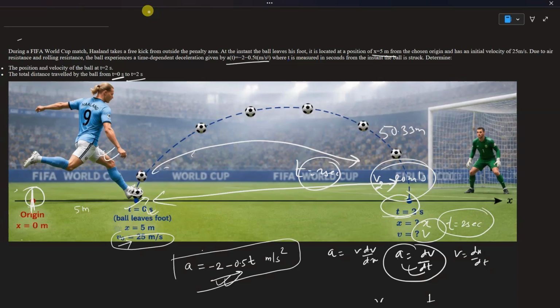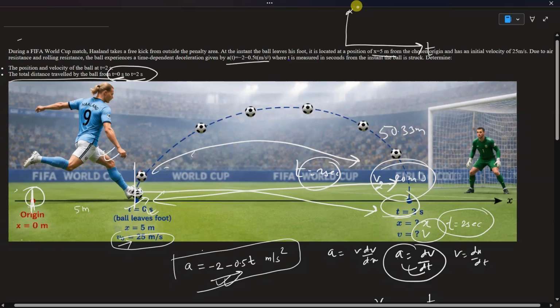So you also have to determine the total distance traveled by the ball between these two events. So you can easily determine it. So what is the total distance traveled? It is this distance, right? So you can just make a plot here. Suppose this is time, this is x. At t equals 0 seconds, the position is 5 meters, and at t equals 2 seconds, the position is 50.33 meters.